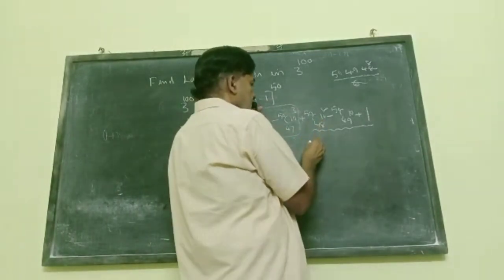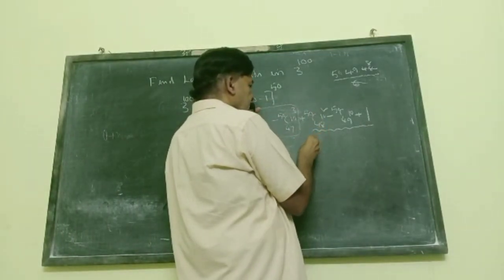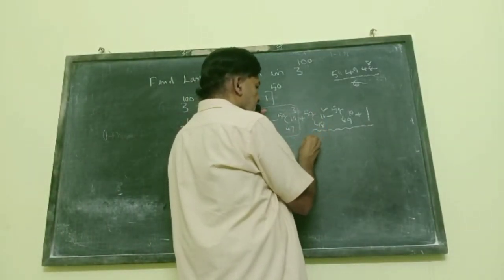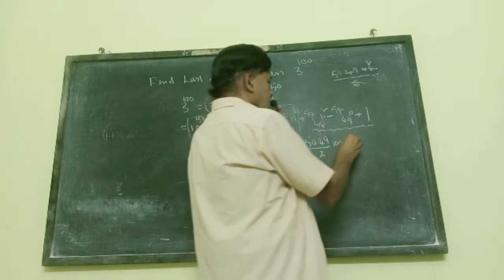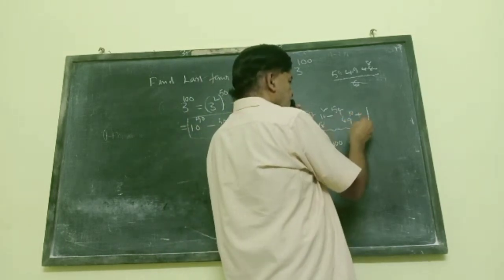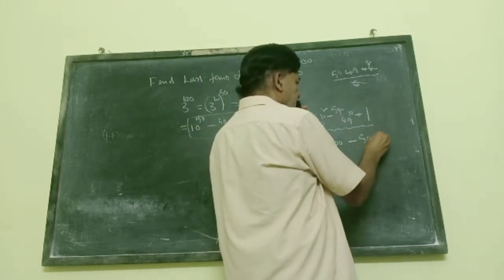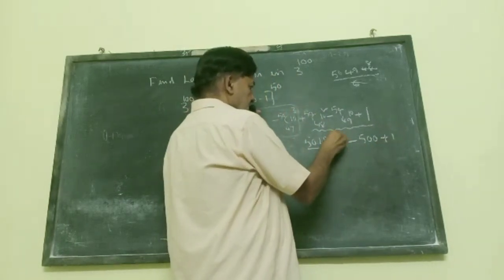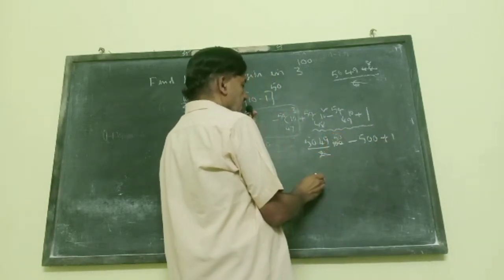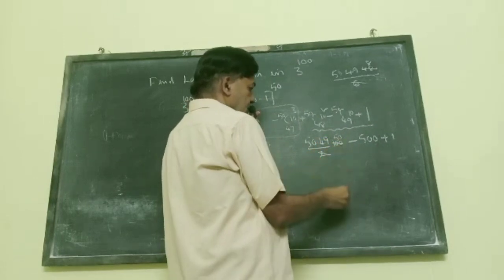Now, if you observe this, 50 C48 is 50 C2. So 50 into 49 by 2 into 100, minus 50 C1 is 50. So 500 plus this is 250s. So what is the value of this?